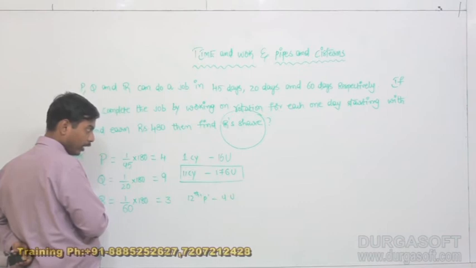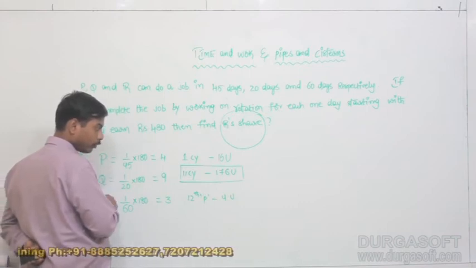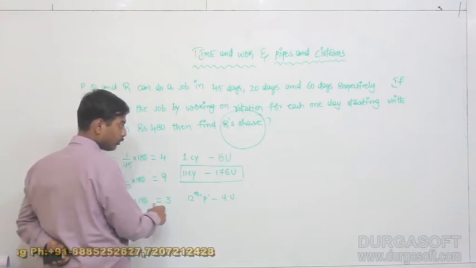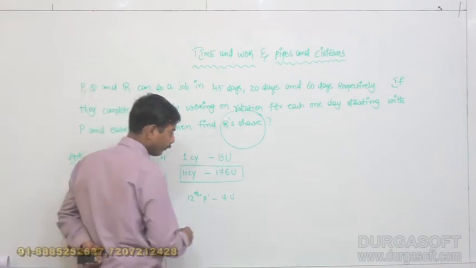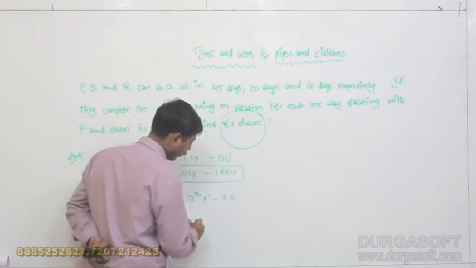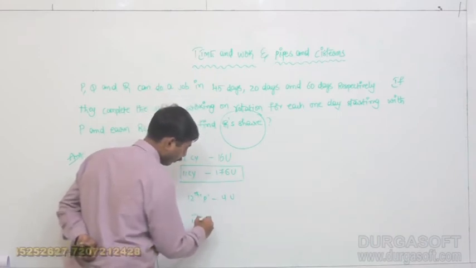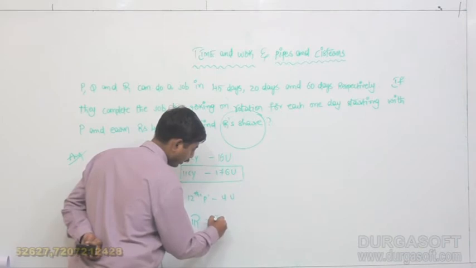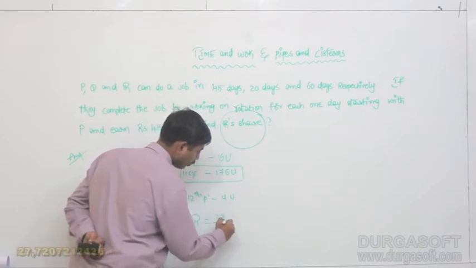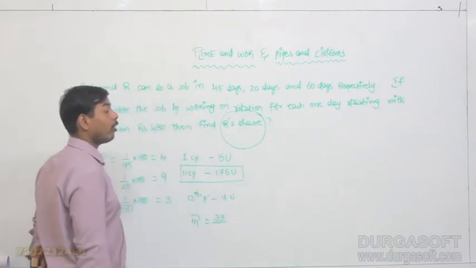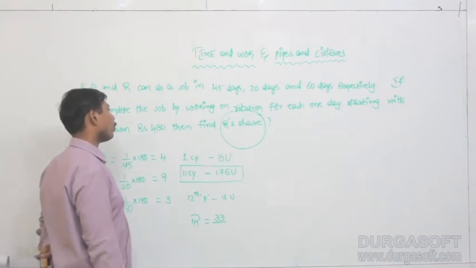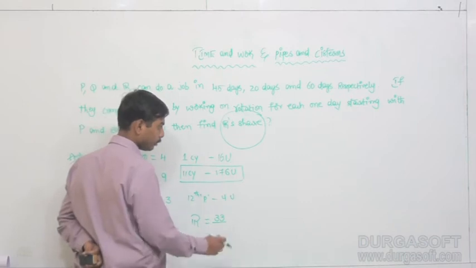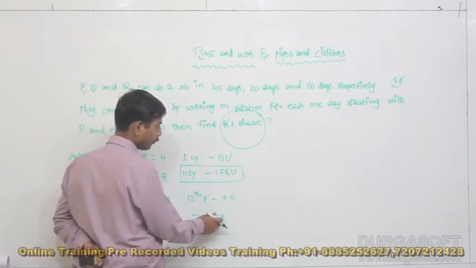Each and every day, how many units of work are possible for R? 3 units. R works for 11 days, so 11 into 3. Each day R completes 3 units, so in 11 days that is 33.